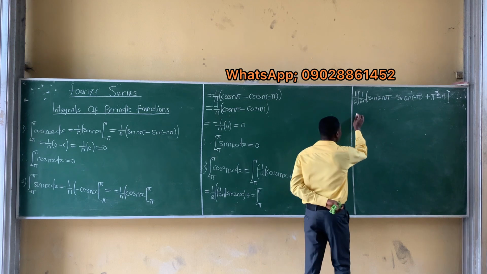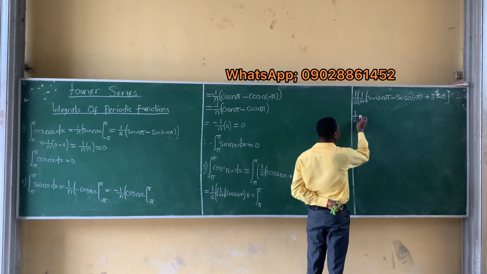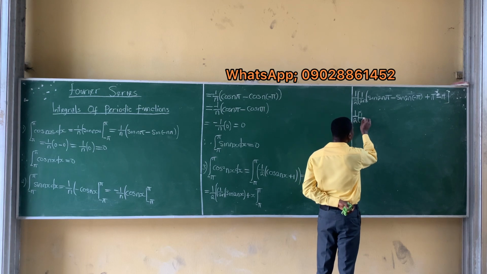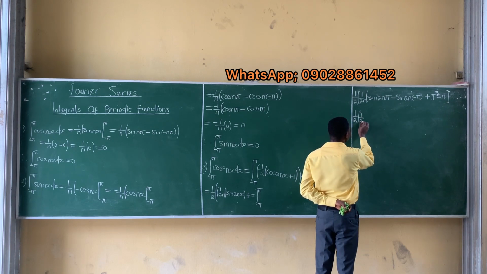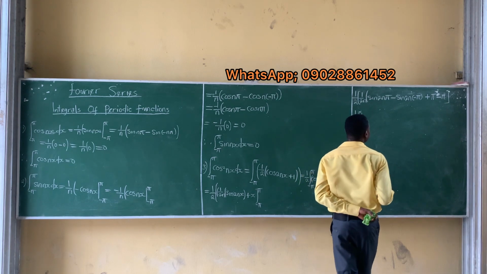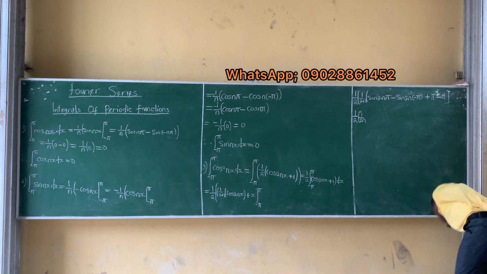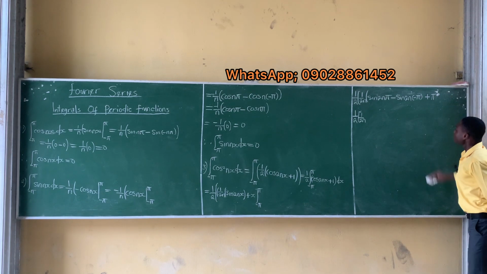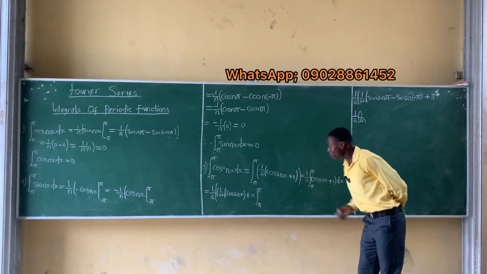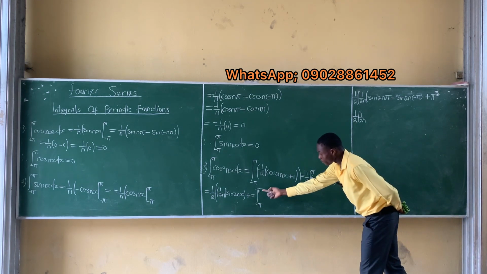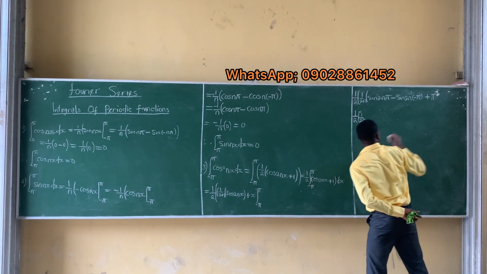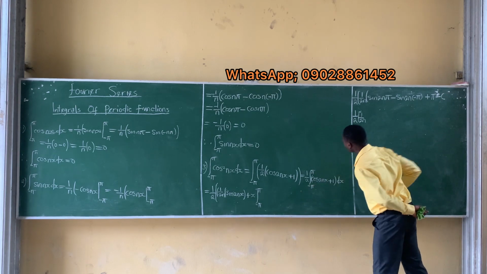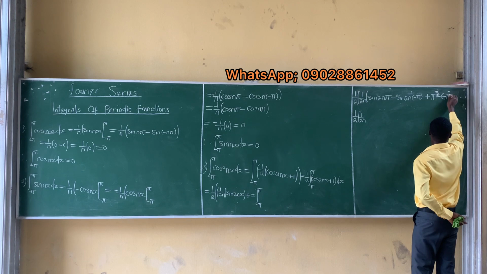So this implies that we are going to have 1 over 2 into 1 over 2n. Please, sorry, for our limit, please take note, we are substituting x for pi, so we have pi. But don't forget, from the upper limit to the lower limit is minus bracket, then you substitute your lower limit, minus pi.